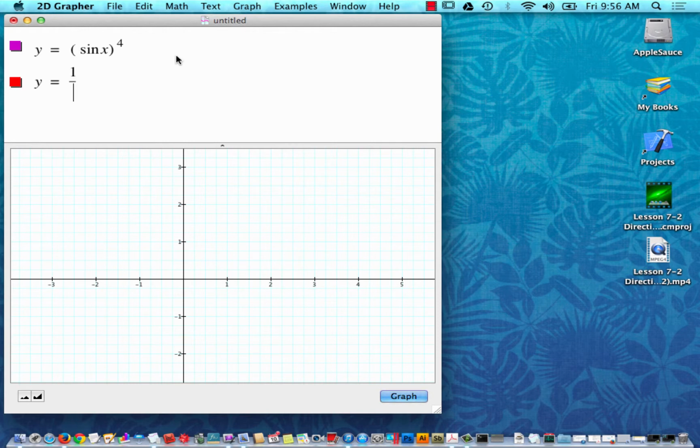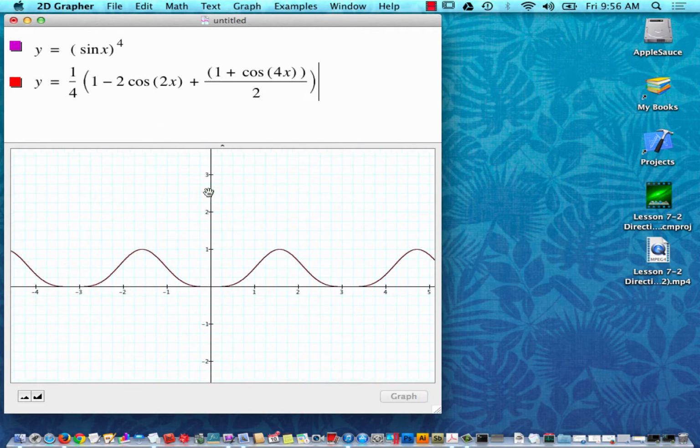And now I graph 1/4 times 1 minus 2 cosine of 2x plus 1 plus cosine 4x, divided by 2 right there. And what just happened here is that the 2 perfectly overlap. They are exactly the same in value.